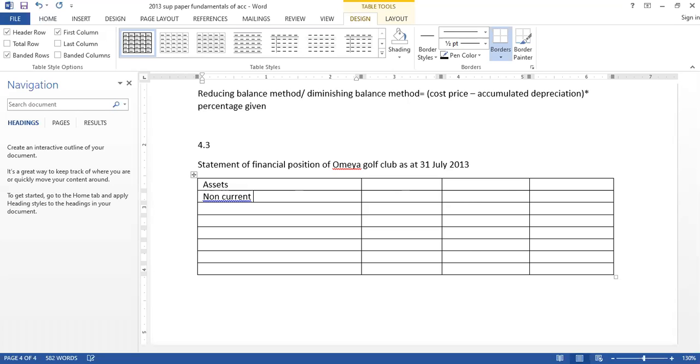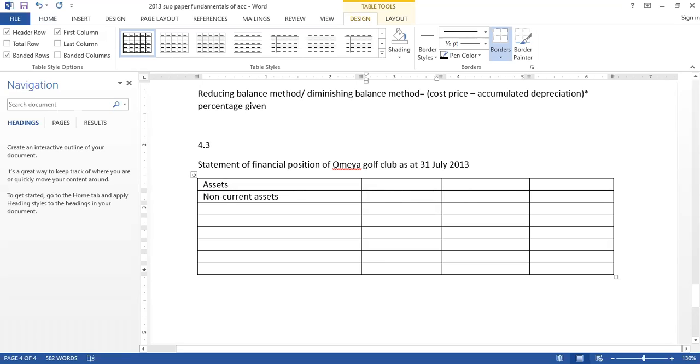Now under non-current assets, because they have depreciation, we should show our depreciation. That's the reason why we even have 3 columns. It's because of our non-current assets and because of depreciation.